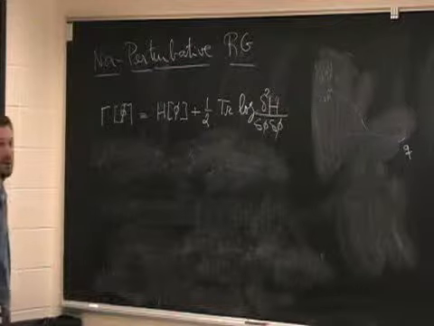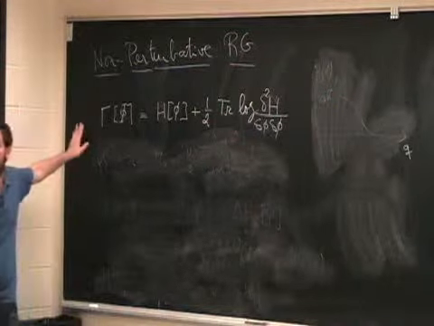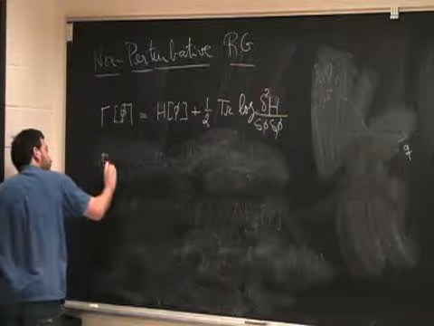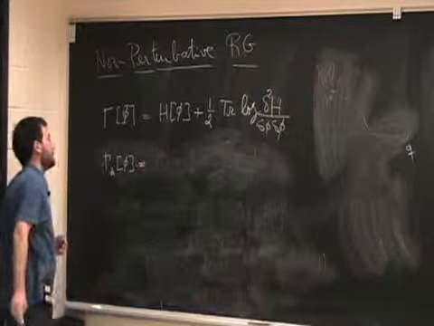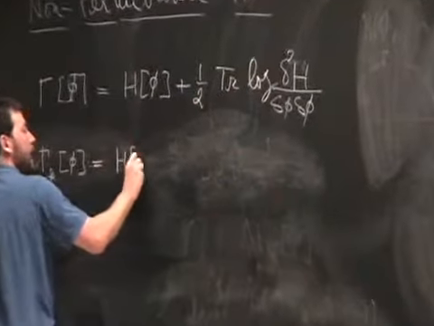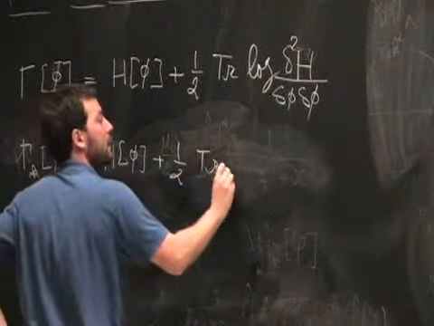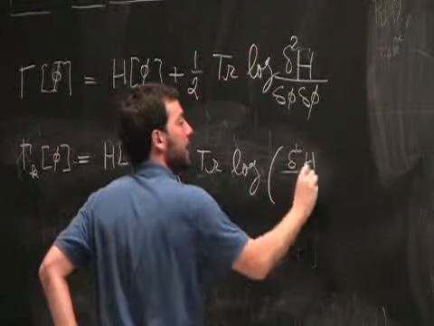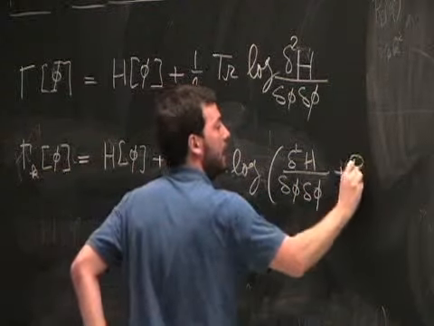Let's suppose we are in a perturbative domain, where this is a good approximation. By the same reasoning, I can deduce that gamma k of phi is equal to H of phi plus 1/2 of the trace log of the second derivative of H plus R_k.